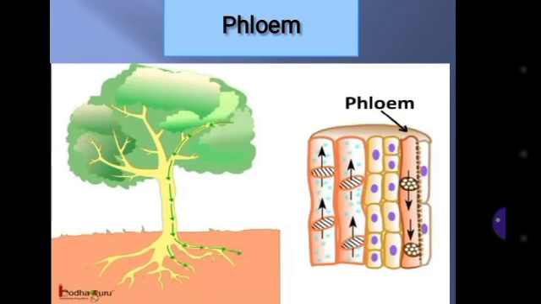Just like the xylem tissue, phloem tissue also forms a continuous pipeline to transport the food to all parts of the plant. This is bidirectional, that is, it moves in the upward direction and in the downward direction. So now you know the xylem transports water and minerals from the roots to the leaves, and phloem transports food from the leaves to all the other parts of the plant.